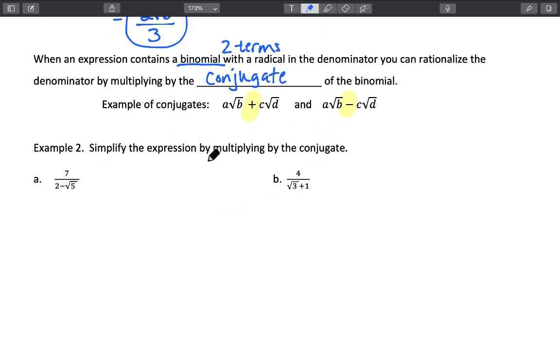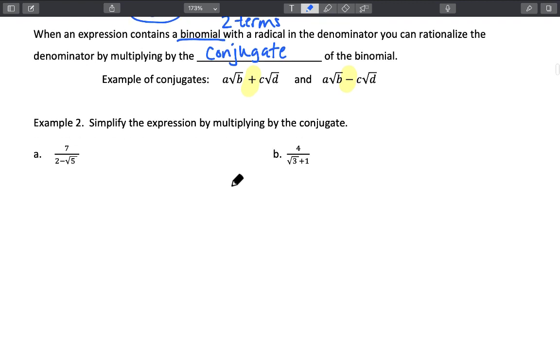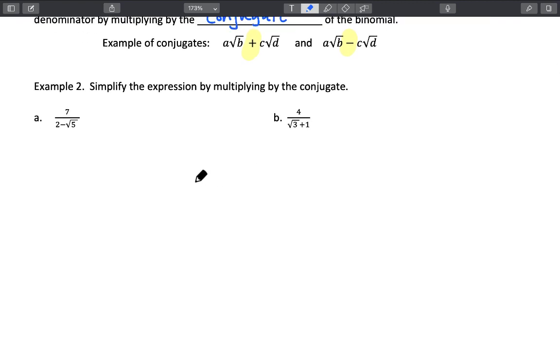All right, simplify the expression by multiplying by the conjugate. So we have 7 divided by this binomial 2 minus root 5. So I'm going to multiply the top and bottom by the conjugate 2 plus root 5. I'm going to do the same thing here for my numerator, 2 plus root 5.